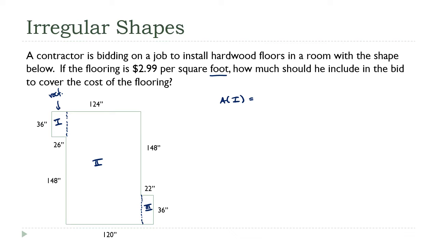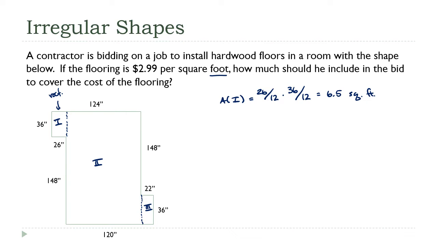All right, so the area here will be the length, that's 26 divided by 12, times the width, the other dimension, that's 36 divided by 12, and you get your calculator out. Now this comes out to 6.5, and let's be clear about our units now. We're doing this in feet, so this is 6.5 square feet.